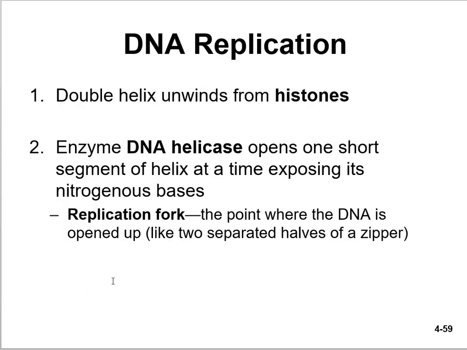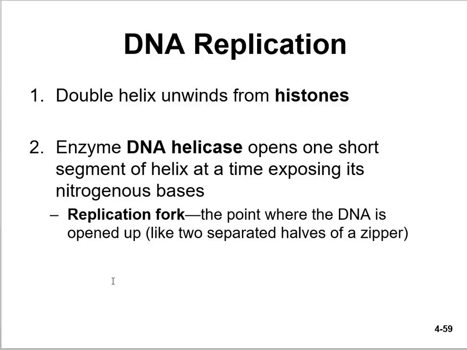So first, the double helix of DNA will unwind from its histone proteins. This is a permanent unwinding, unlike with DNA transcription, that was just temporary. DNA replication is a permanent unwinding.